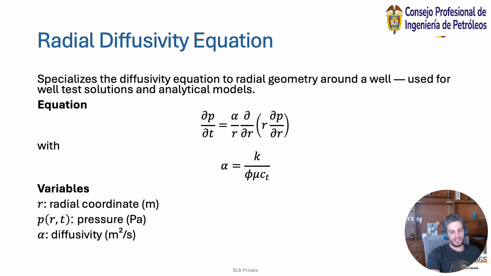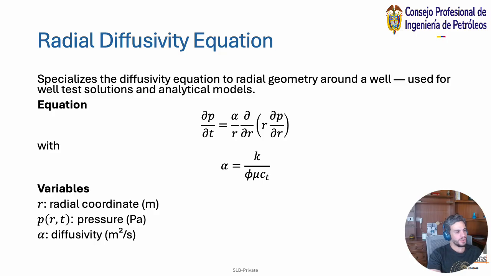So since we've talked about the diffusivity equation, we can now enter the radial diffusivity equation, which is where we specialize this diffusivity equation to a radial geometry, which allows us to talk about wells. This simplifies the partial differential equations that we work with, and it allows us to derive this closed form pressure solution, right?